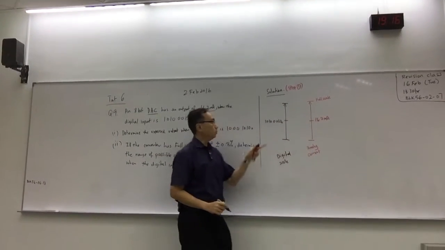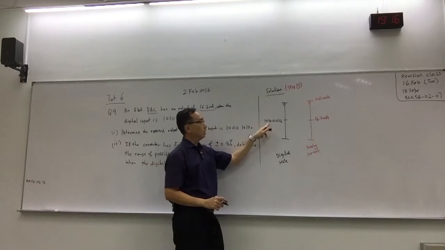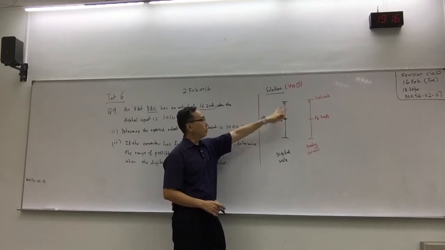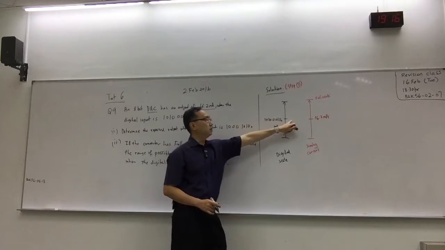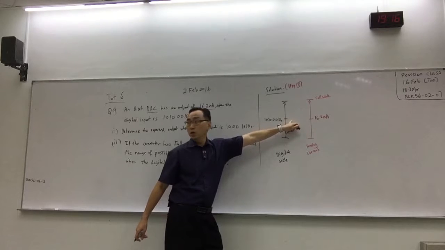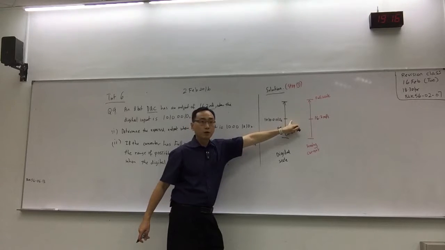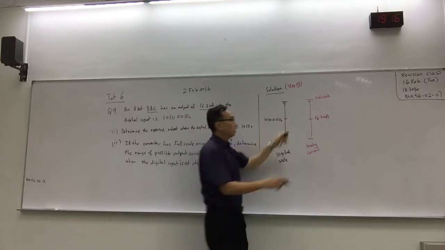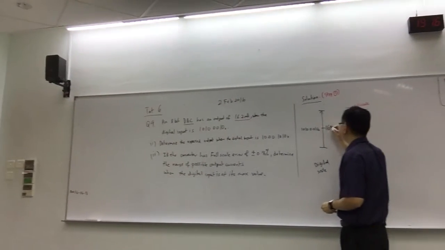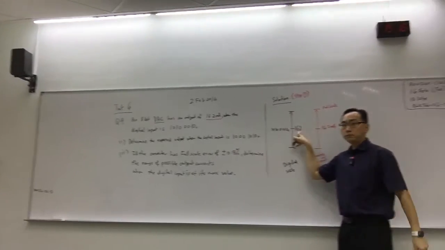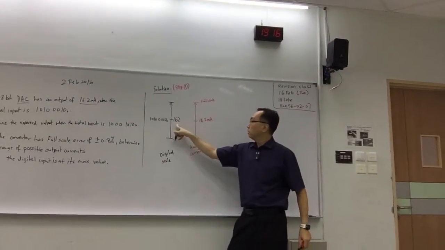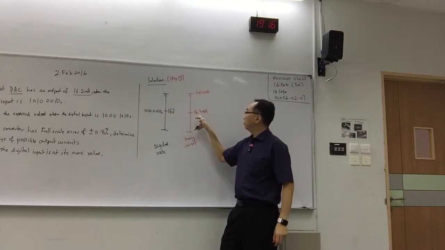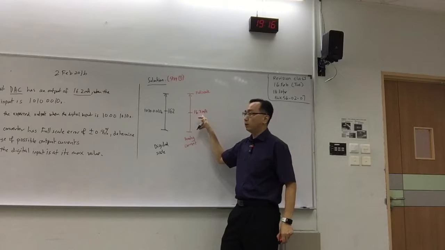Because we need to use the information provided to us, step 1, after drawing the scale, is to find the decimal equivalent of this binary input. I overheard you saying it's 162, right? So the decimal equivalent is 162 base 10. This 162 in decimal is equivalent to a current of 16.2 milliampere.